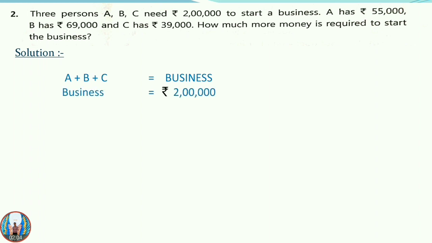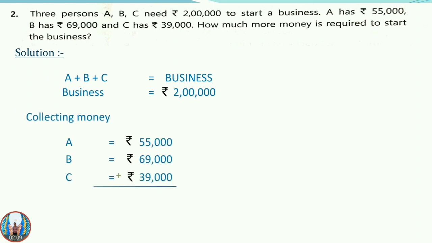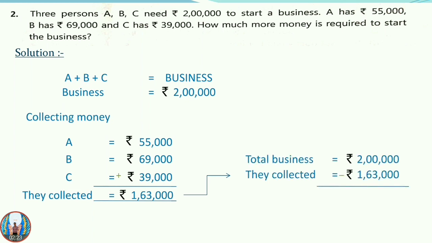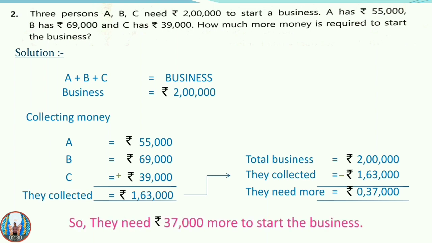A business is of 2 lakh rupees, collecting money, that is A plus B plus C equals 1,63,000. So the three have 1,63,000 and they need 2 lakh. So we have to subtract the 1,63,000 from 2 lakh to know how much money they need more. So 37,000 rupees. So they need 37,000 rupees more to start the business.